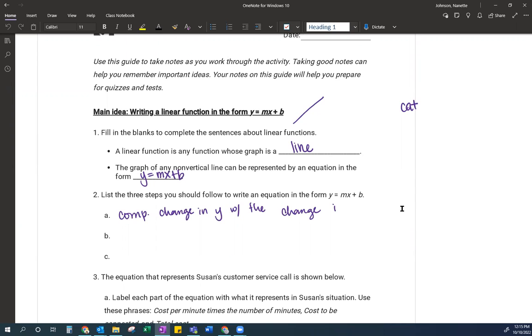Okay, the next one, we need to find the starting value. Okay. And then the last one is you're just going to put it all together and write the equation of the line. Okay. So those 3 things, that's really what you're going to be doing in order to find the equation of a line.